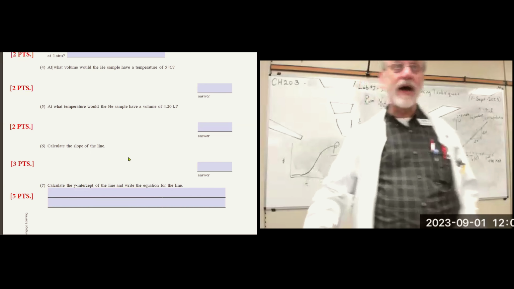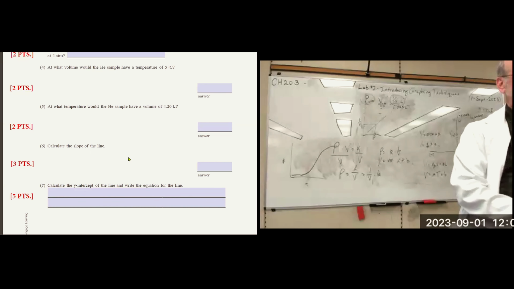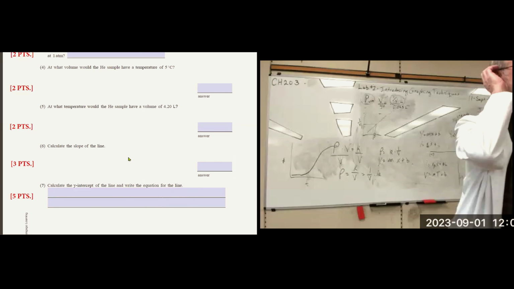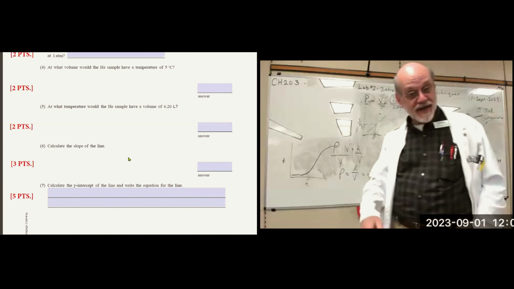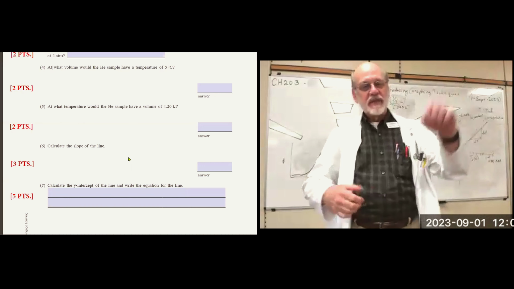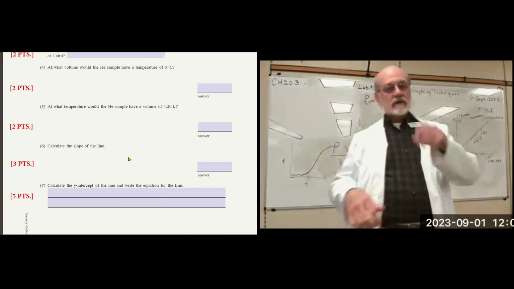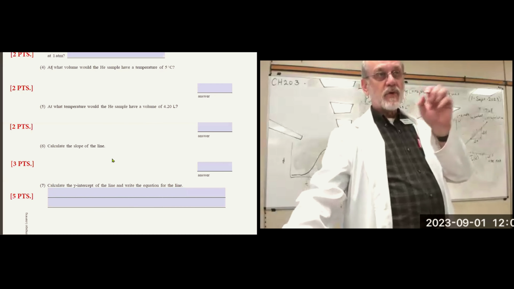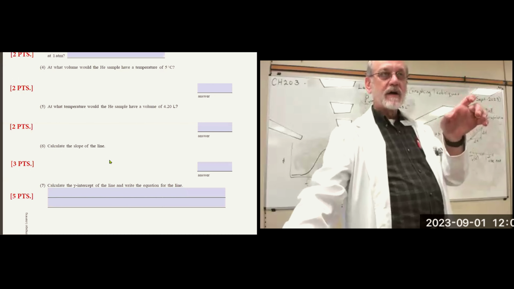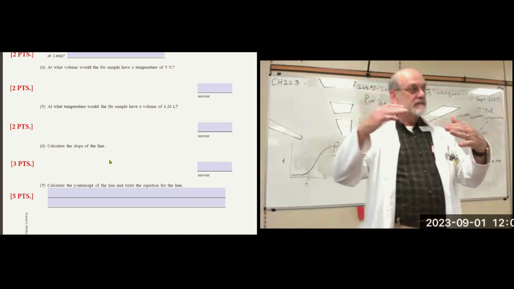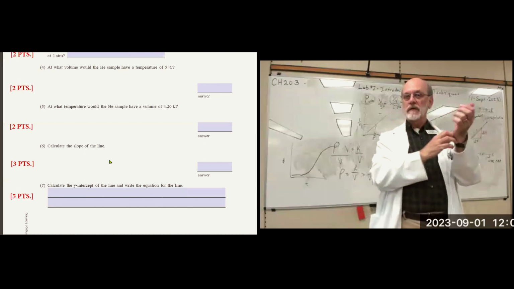You got any idea why I would do that? I'm sorry? Well, yeah, ultimately. But no. Well, you could answer parentheses 4 and 5 from the graph itself. You know, just read it off.